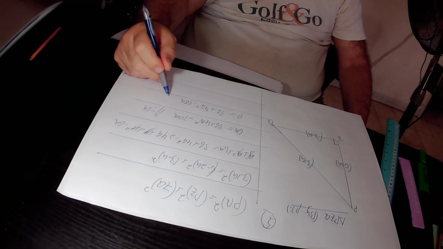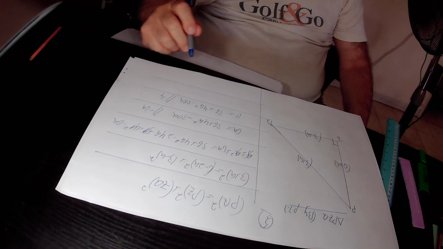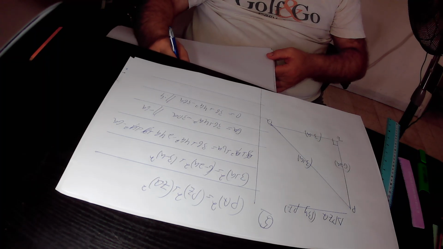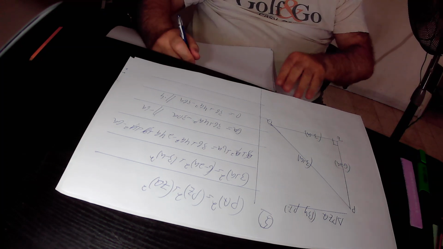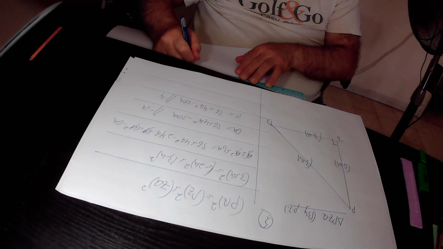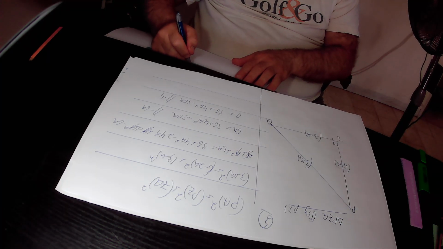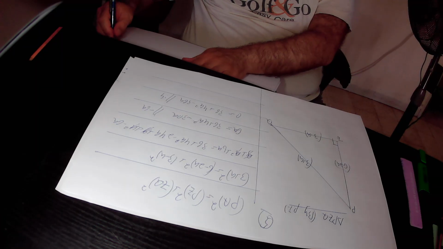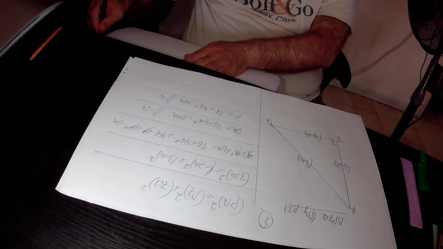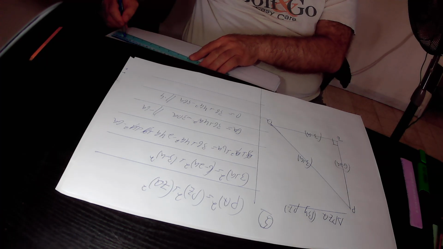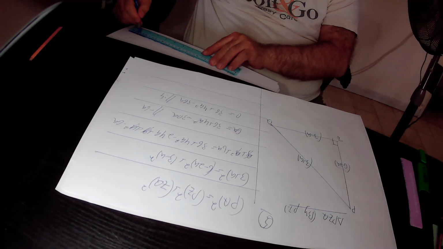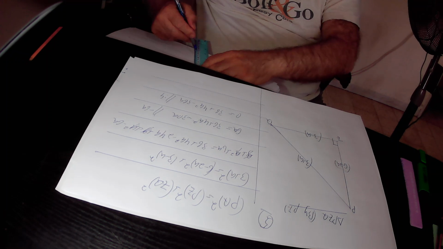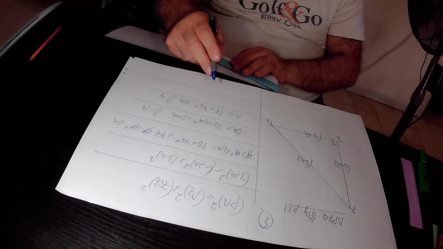Here we divide this equation by 4, and we get that 4A squared over 4 is A squared.